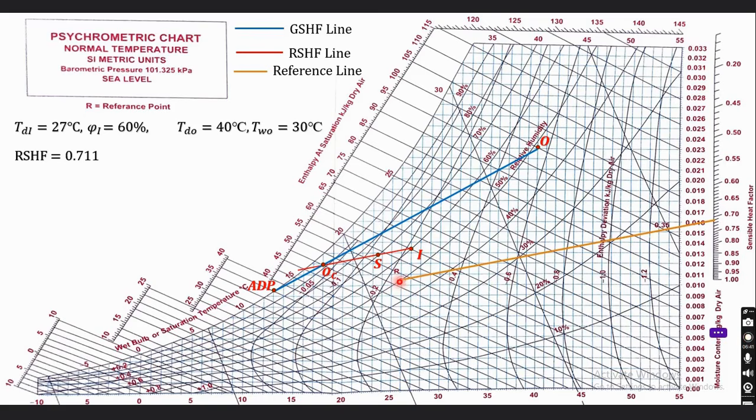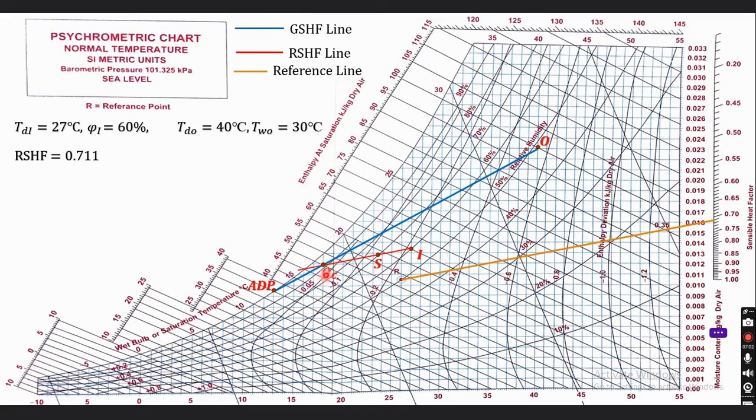So this is the reference point that I have to mark. Sometimes this reference point is given on the psychrometric chart, but if it is not given, then we have to consider it as 26 degrees Celsius DBT and 50% RH. So this is the reference line, and the red color line is the room sensible heat factor line.